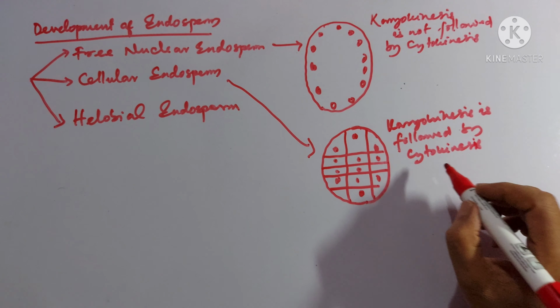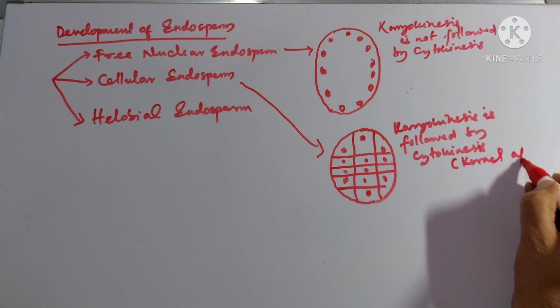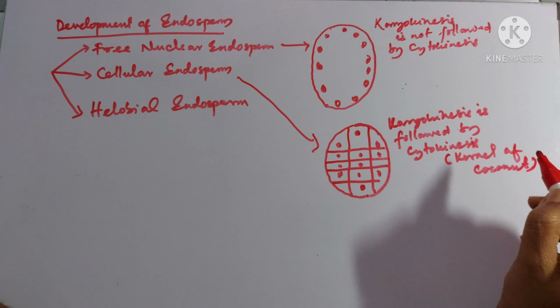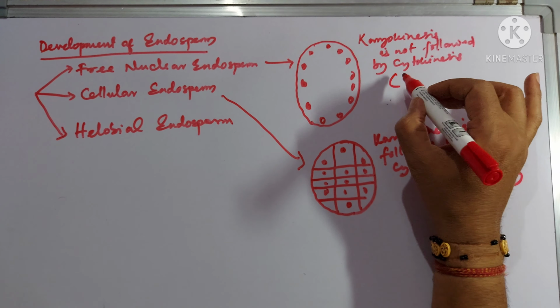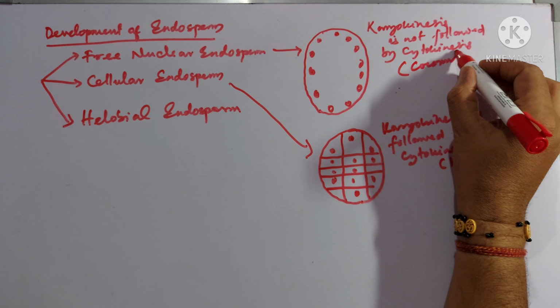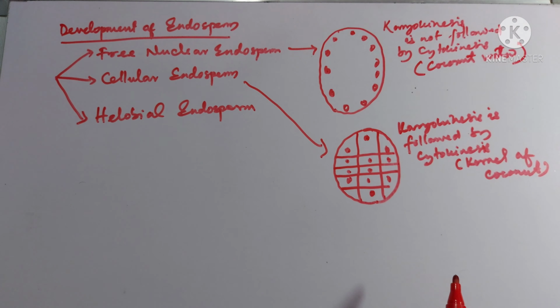The example of free nuclear endosperm is the coconut water.